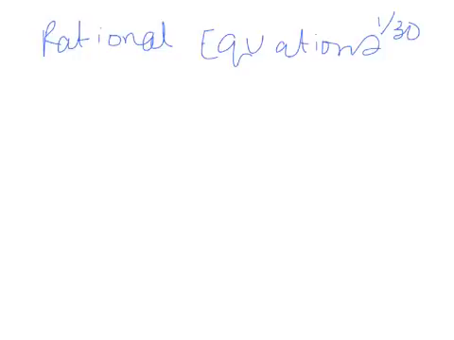So let's look at this for just a minute. Let's say that I have x divided by 2 is equal to 1 divided by x. Okay? So this is a really basic rational equation. The rules for rational equations are actually very simple.